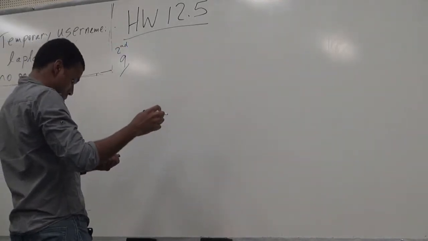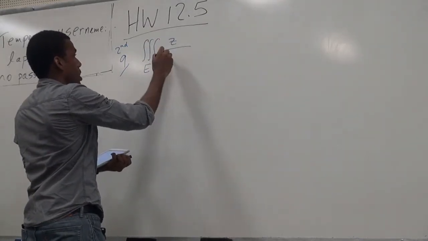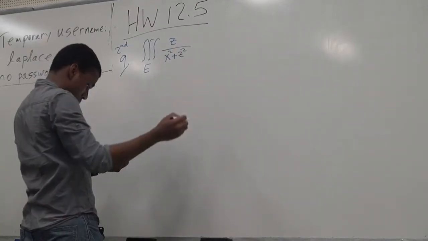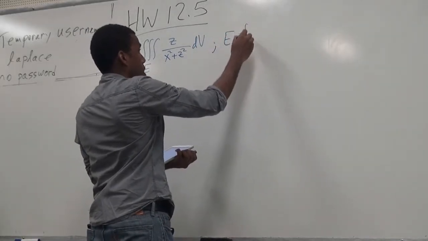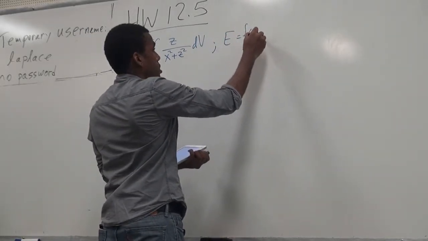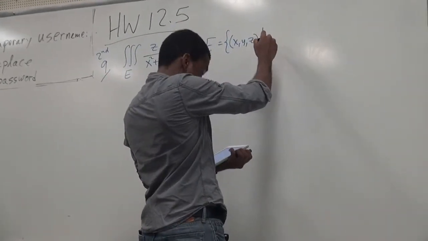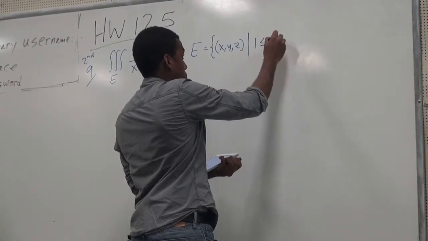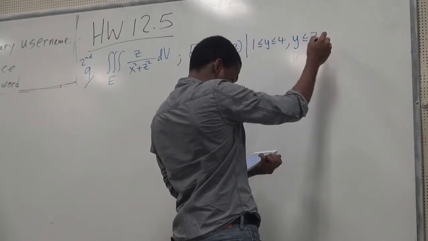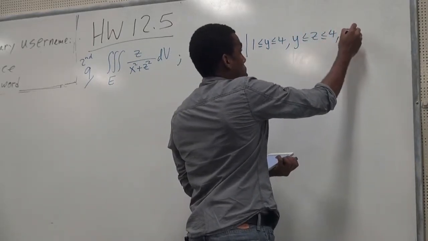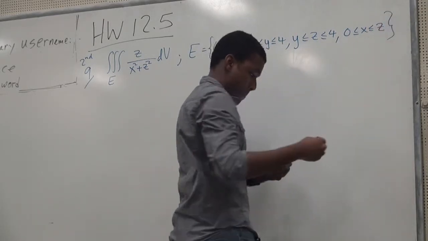So this is saying evaluate the triple integral over E of z over x squared plus z squared, where E is given by (x, y, z) with 1 less than y less than 4, y less than z less than 4, and x less than z.